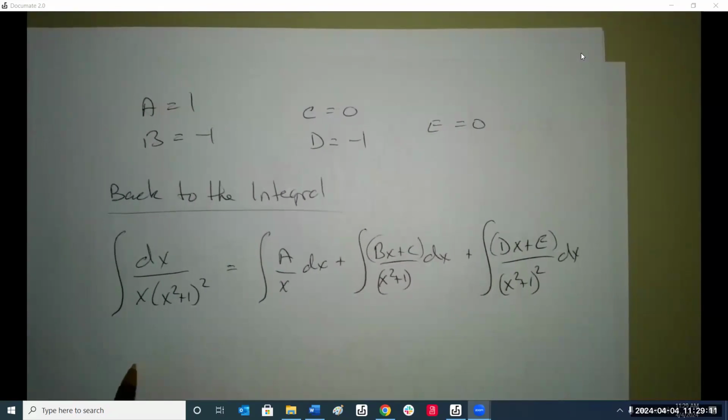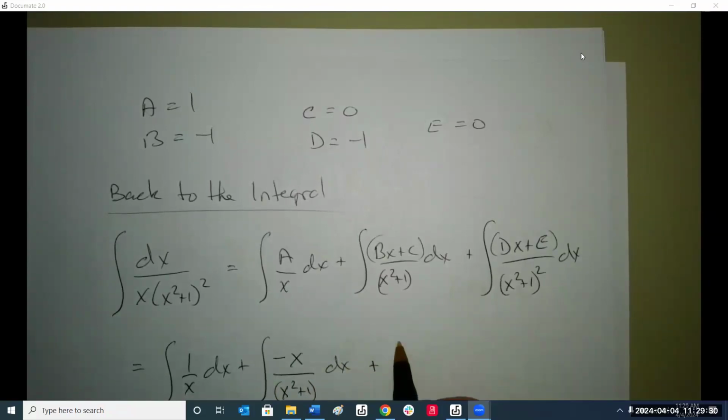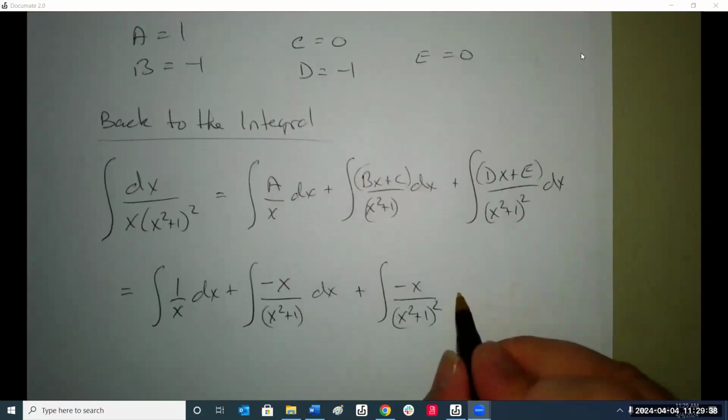Plug in the values. We have 1 over x, negative x over x squared plus 1, negative x over x squared plus 1 squared.